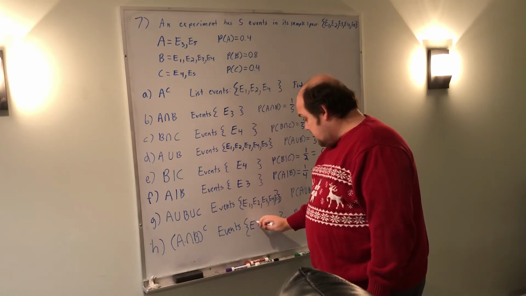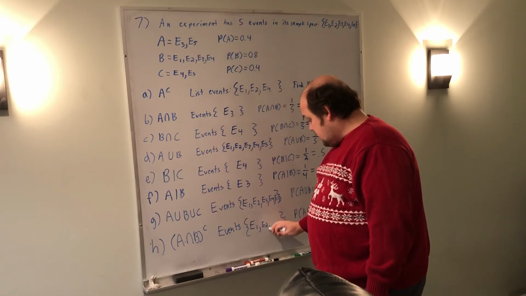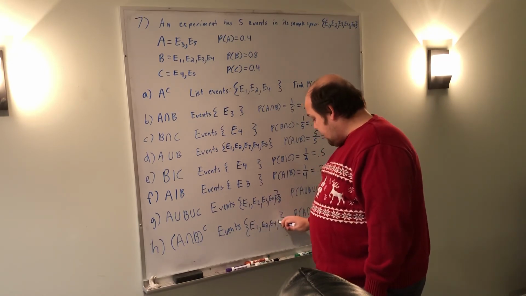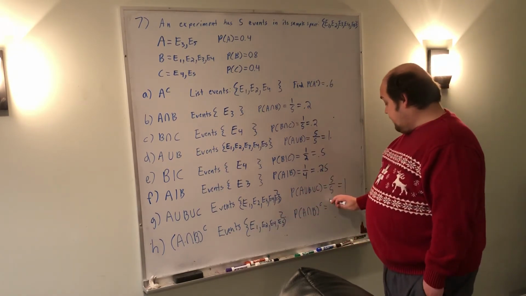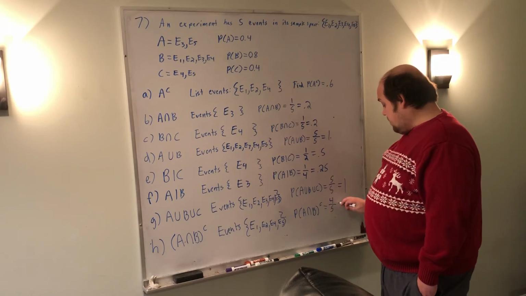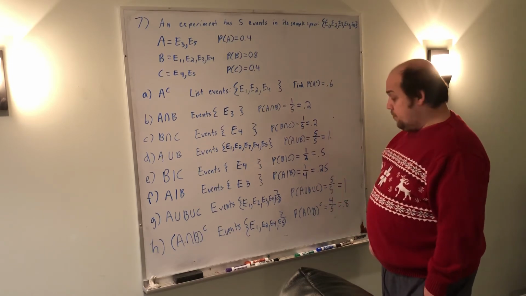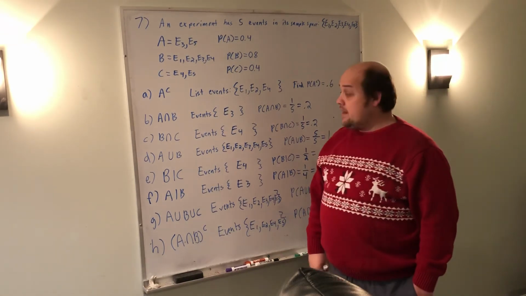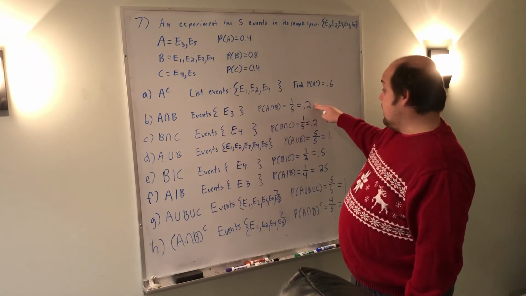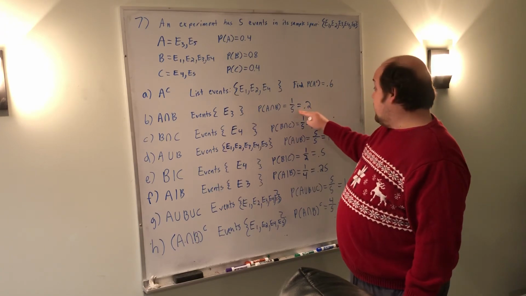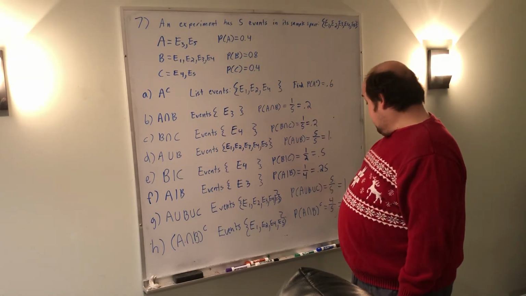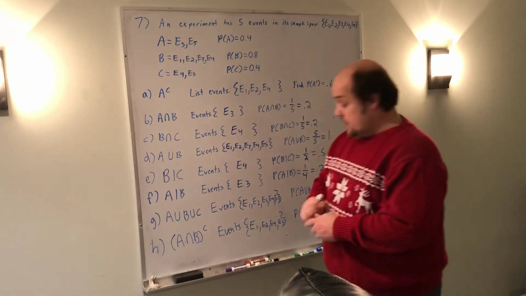So E1, E2, E4, and E5. That means there's 4 total events that fit out of 5. That's why it occurs with probability 0.8. The other way I could have gotten to that probability, I could have said, well, here I saw that A intersect B occurs with probability 0.2. If I do 1 minus that 0.2, that would also allow me to arrive at 0.8.